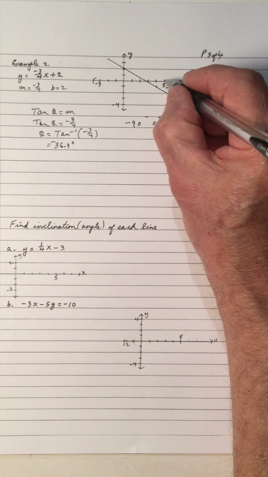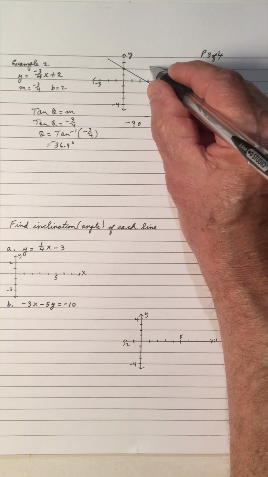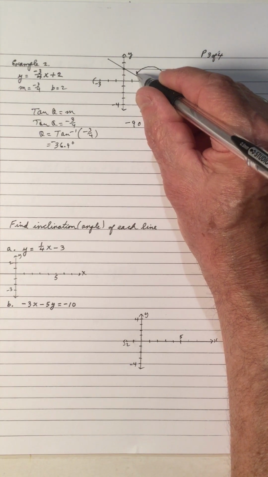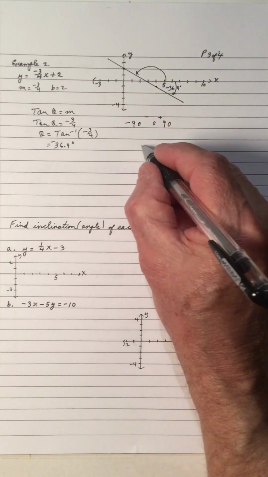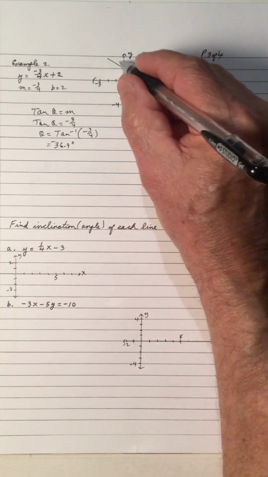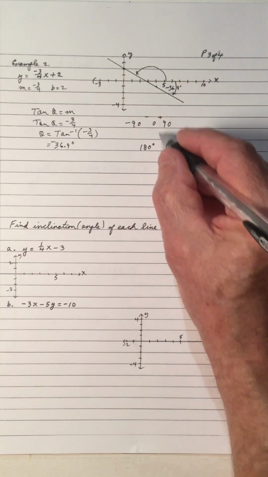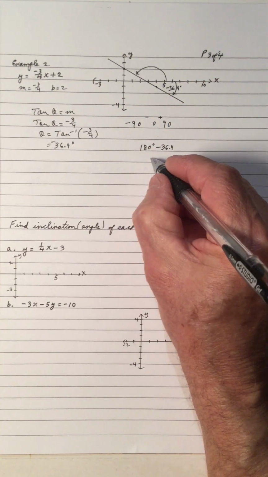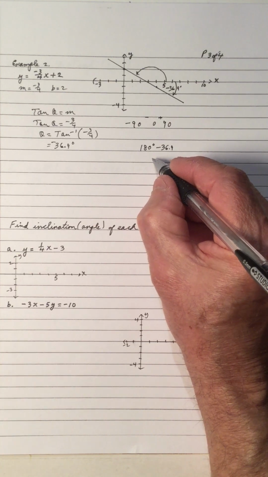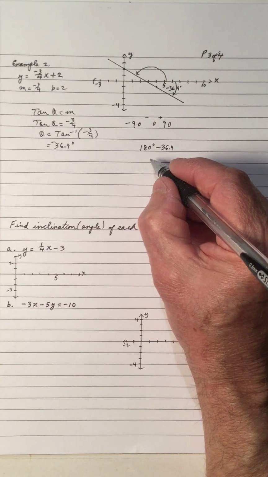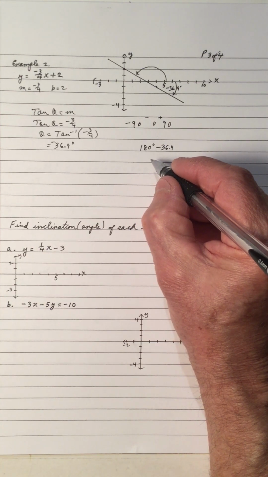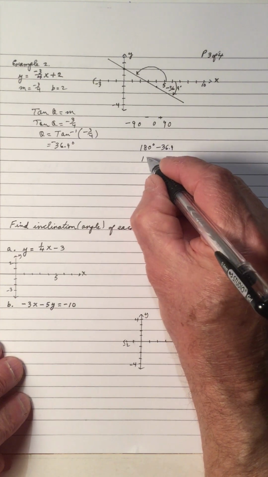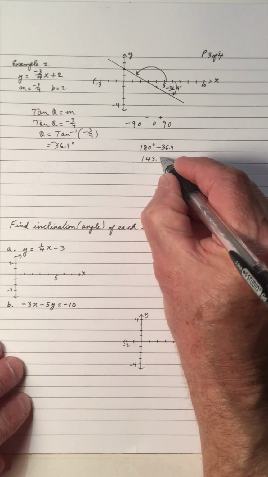But the angle of inclination is in the positive direction from the x-axis to the line. So we have 180 degrees, and we take off the 36.9. That gives us an angle of 143.1.